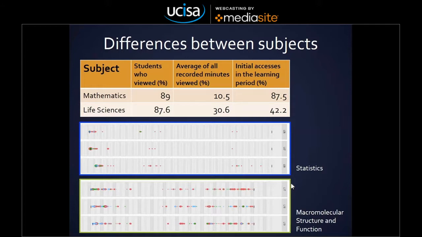We don't know if it's to do with the content. It might be to do with timetabling. You'll notice that maths have got 2 lectures on one day and then a gap of a week, and then they've got lectures again on Monday and Tuesday. Whereas life sciences often have several lectures in one day. So they cram in the teaching so that then they've got time for practical work.